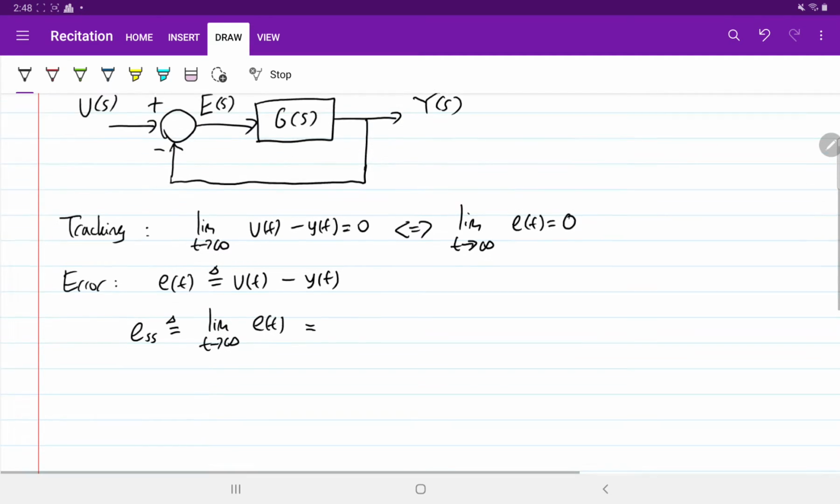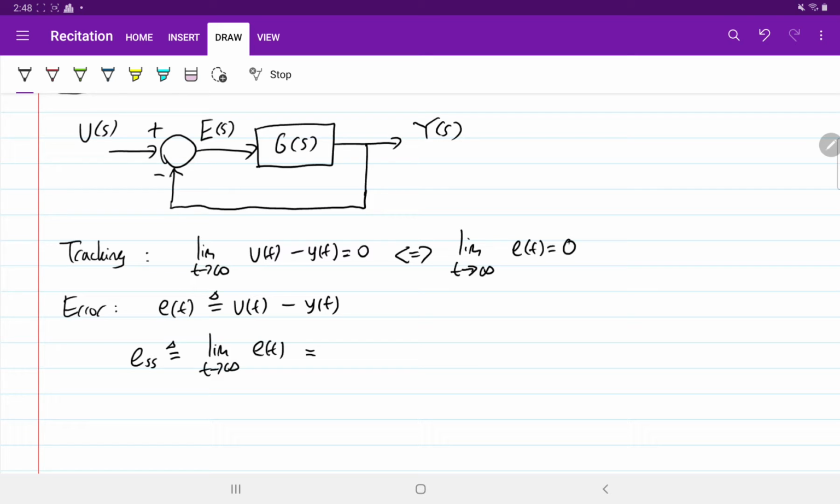Assuming that the closed loop system is stable, then by using the final value theorem, the steady state error can also be computed as the limit of s approaching 0 of s multiplied by e of s. So we can use the equation on the right if the system is stable.